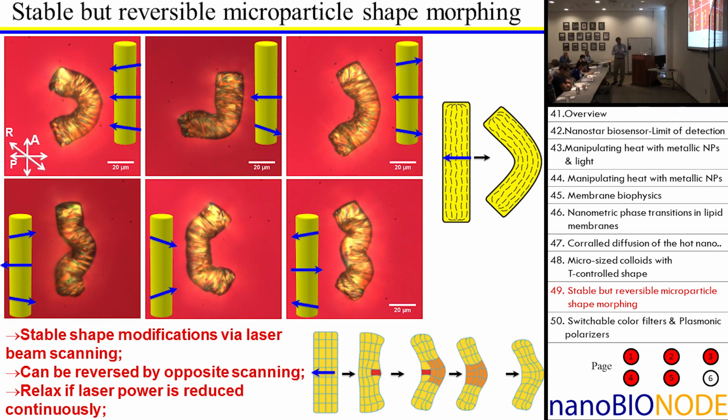And again, this is all because of the ability of taking the laser beam and very effectively transforming the laser light to heat in different regions of those microparticles. And then this results in order-disorder transition in liquid crystal elastomer and those dramatic changes in shape.